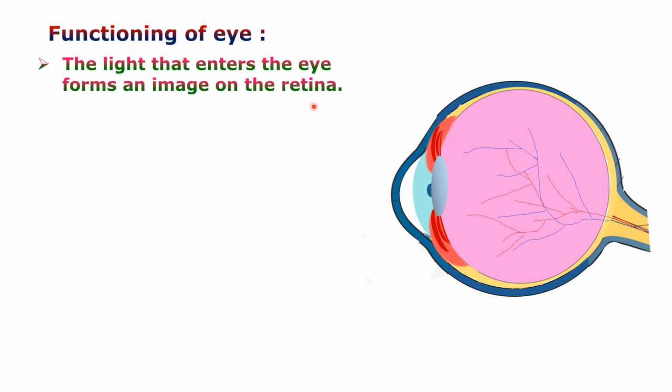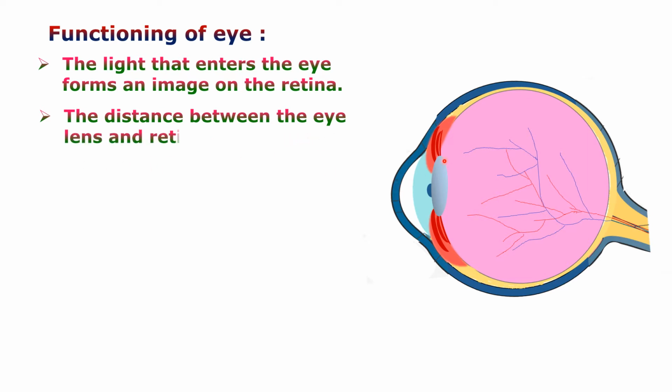Here, the distance between the eye lens and retina is always fixed. It is 2.5 centimeters only. The distance between the eye lens, that is from here, and retina, that is here, is 2.5 centimeters.